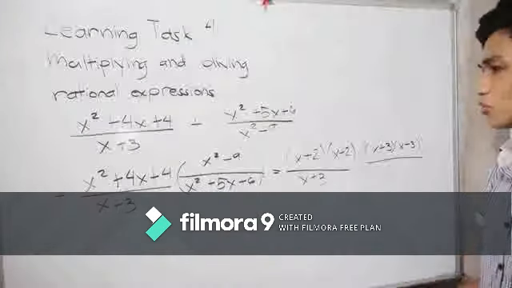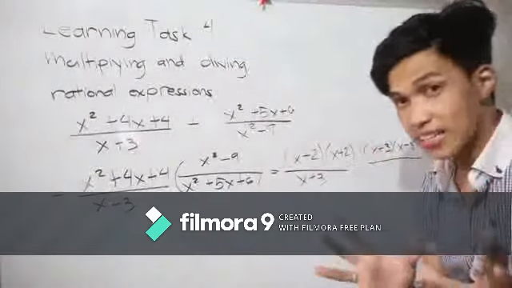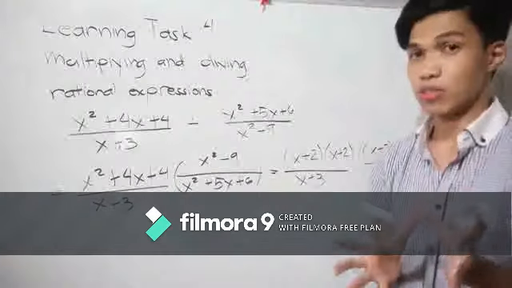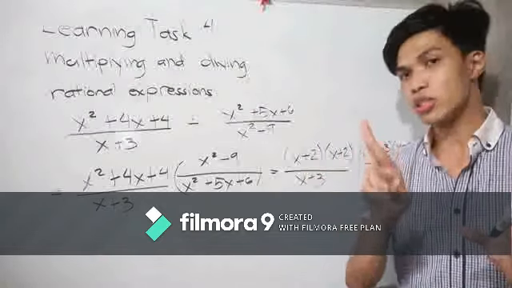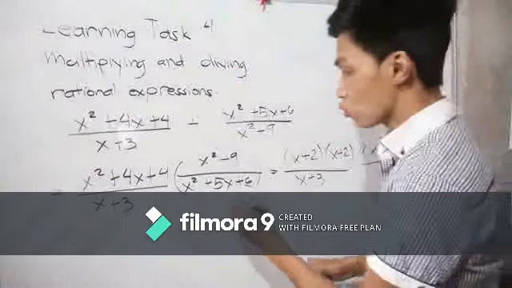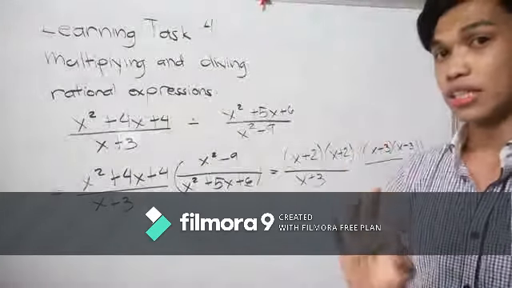Factor the x squared plus 5x plus 6. The basic technique yung ginagamit ko, we need to think of two numbers that if we multiply, that would be 6, and if we add, that would be 5. Yun yung pinaka-technique ko on factoring trinomial.